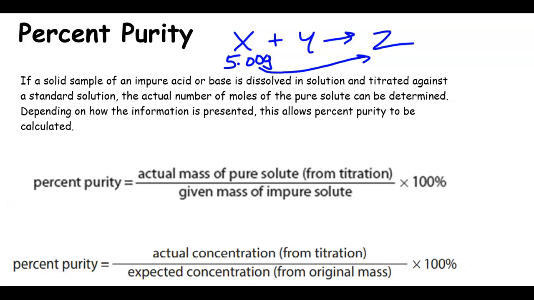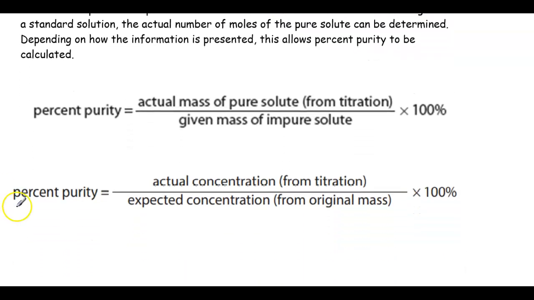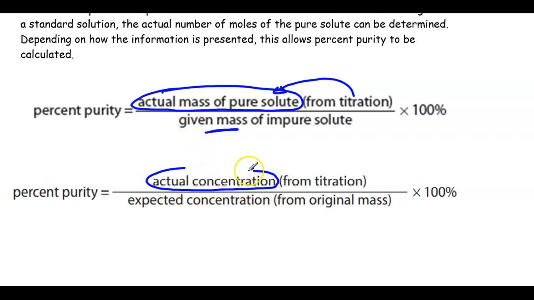So what we're going to be doing here, just to set this up, percent purity is going to be the actual mass of the pure solute, and we're going to get that information from the titration results, divided by the given mass. So this is like the mass that you would get originally from the question that you're going to be using to calculate it. Another way of thinking about this is it's your actual concentration.